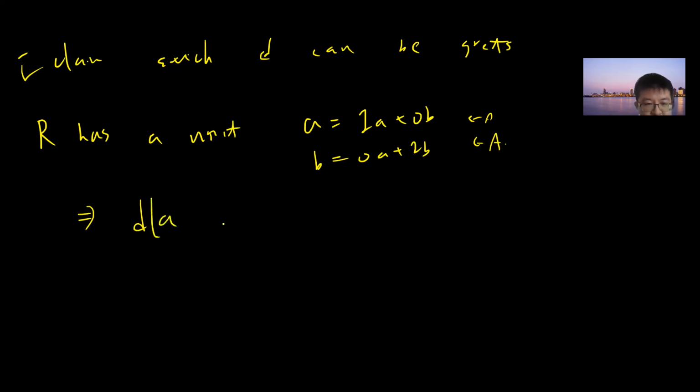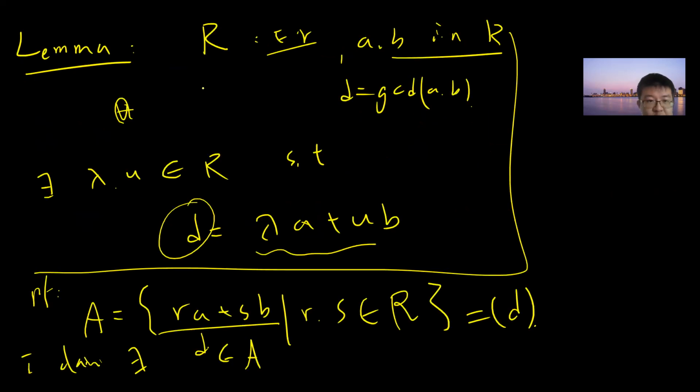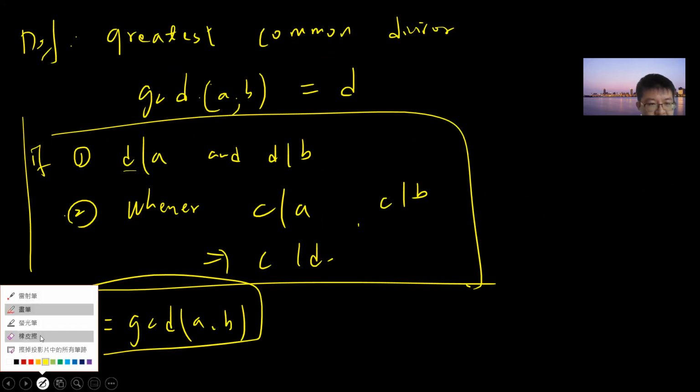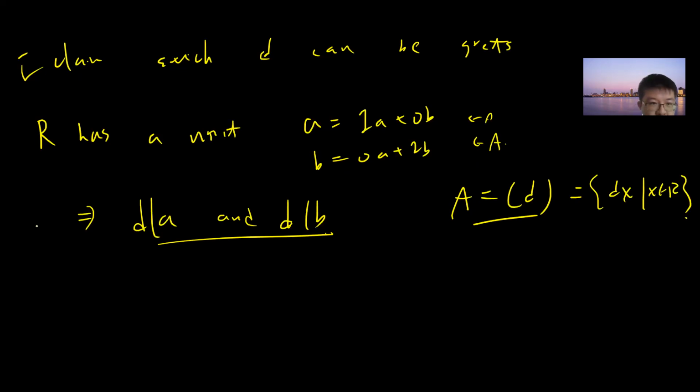So D must divide A, and D must divide B, because the ideal is generated by D. Any element in the ideal must be Dx for some x in the ring. So it satisfies the first property.